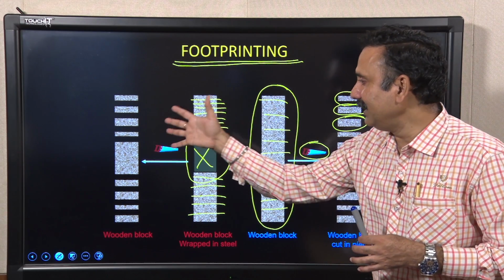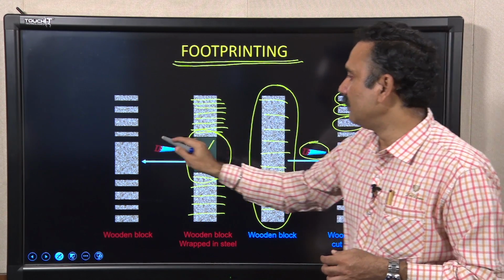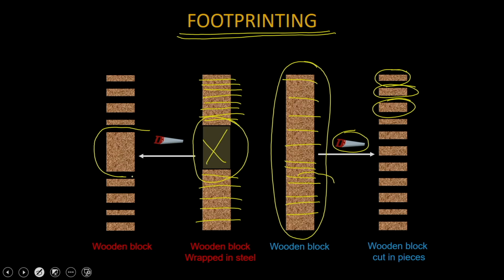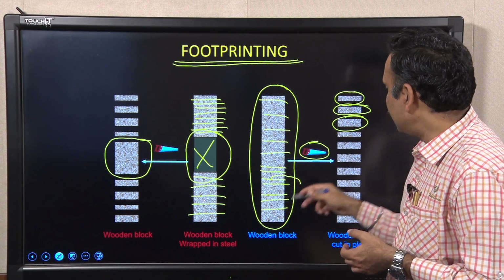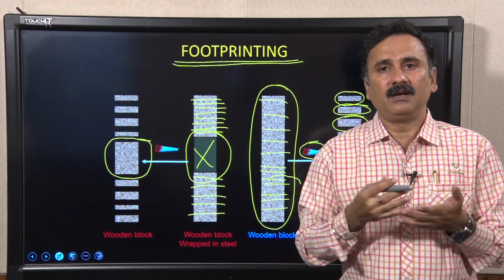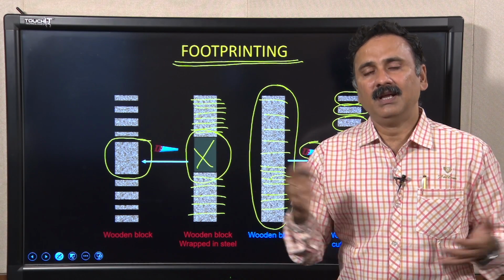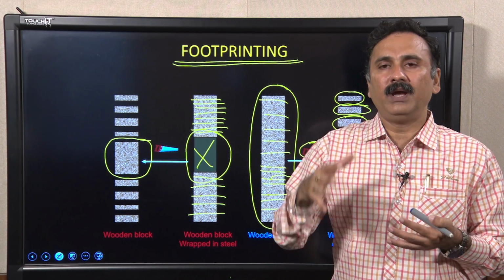So in the pattern you will see that there is an intact wooden block, a large chunk, whereas in the other case everything is cut into multiple pieces.